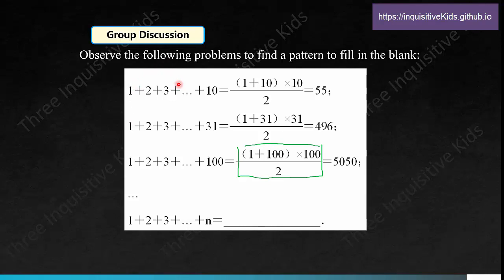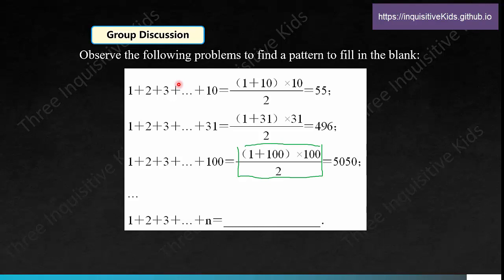Well, they're all really the same pattern, it's just that they add up to different numbers. So 1 plus 2 plus 3, it's always adding up like that, except the last number being added is different. In this case, it's 10, 31, and 100. Is there anything else that changes? Really not, because that's the only thing that's changing.